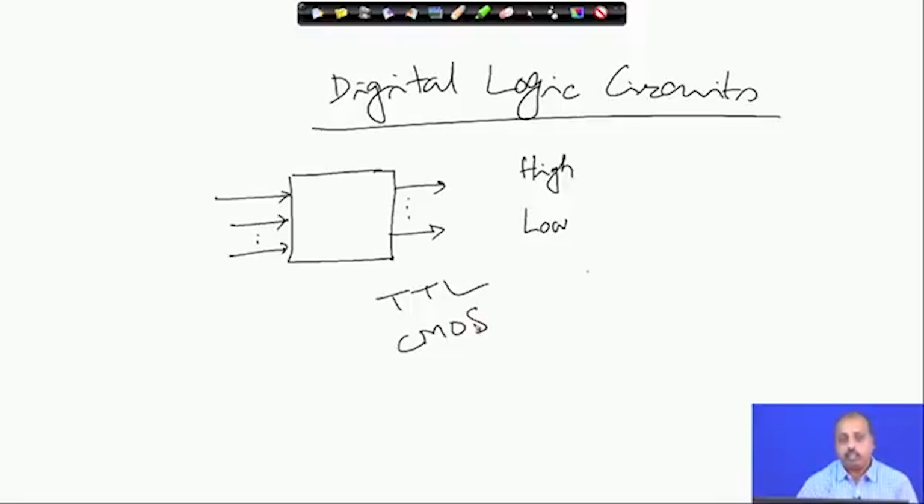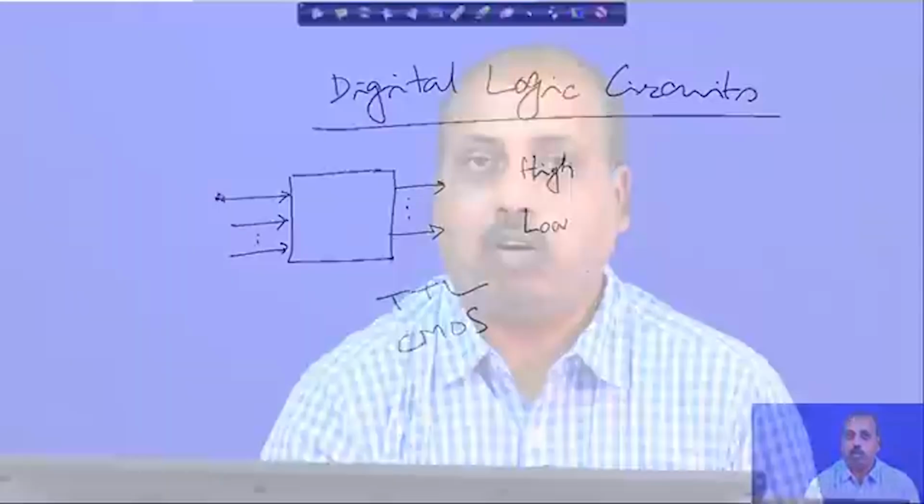Each of these logic families has different interpretations of the high level and low level of the signal. Basically the signal that you are getting here is nothing but a voltage, and the interpretation of that voltage as logic high or 1, or logic low or 0, depends on the level that the particular logic family considers.